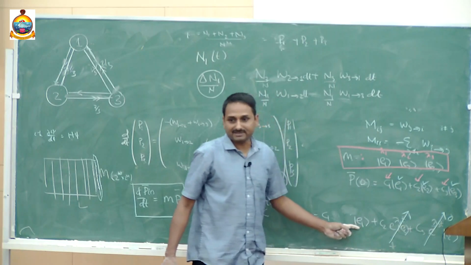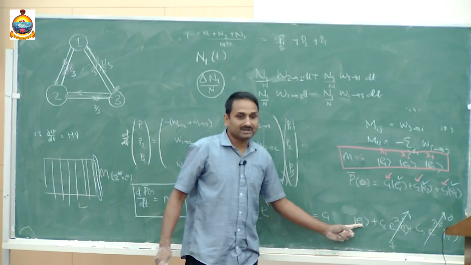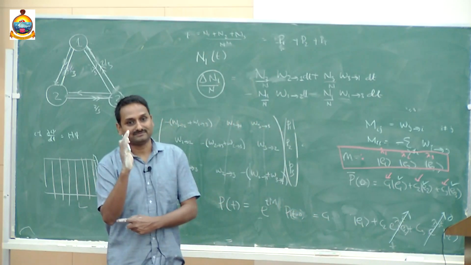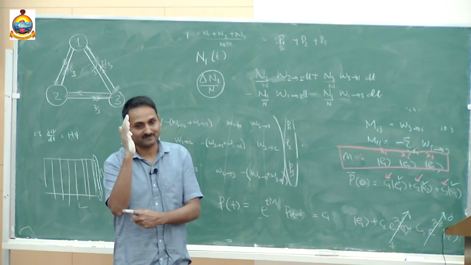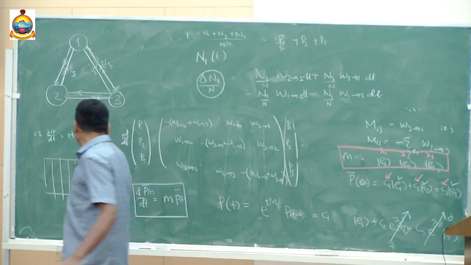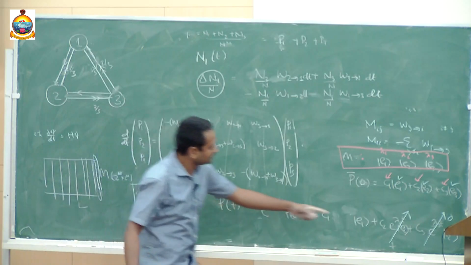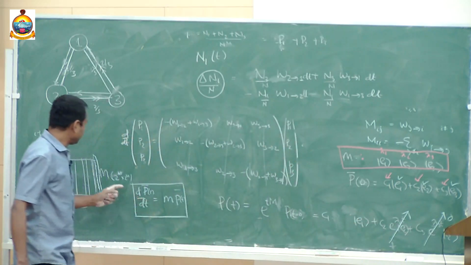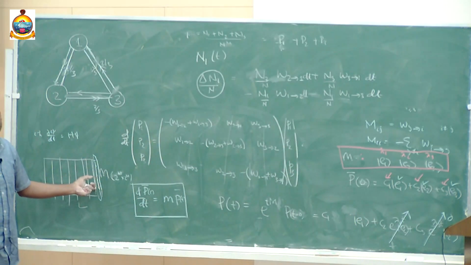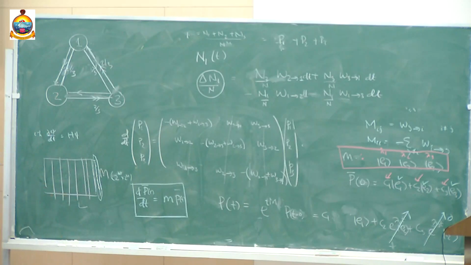Basically what we are left with is E1, the 0 eigenvector, and by definition, up to a normalization factor, the 0 eigenvector is the stationary state, which we have shown here: dp by dt equal to 0 means that. So to find the stationary state of this matrix, given all this.